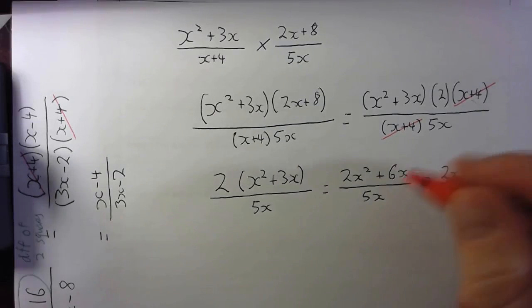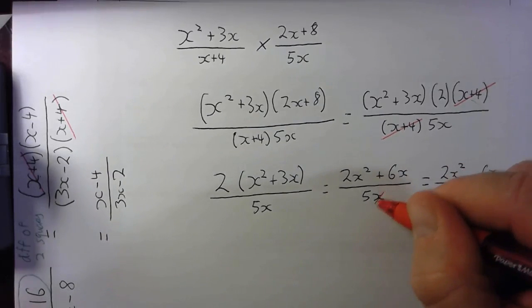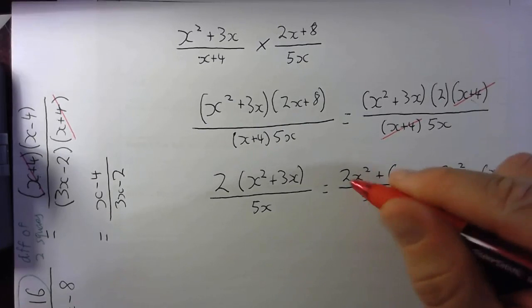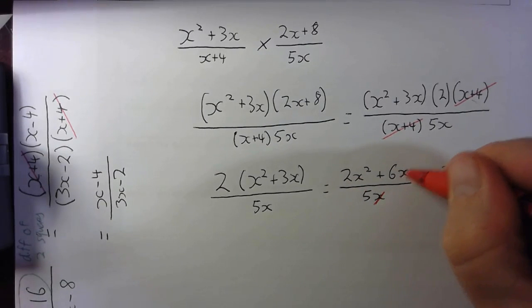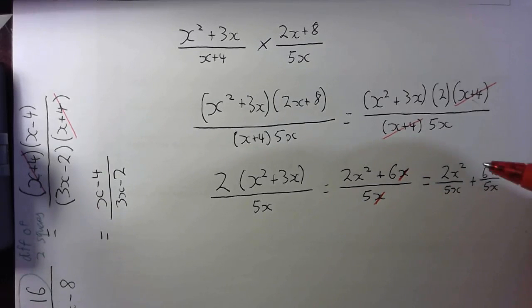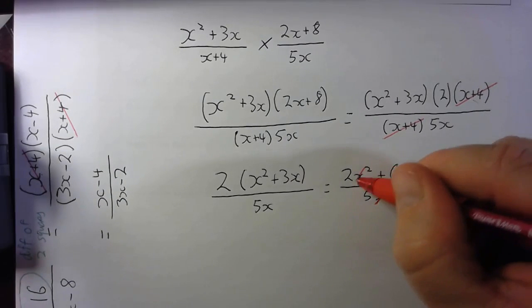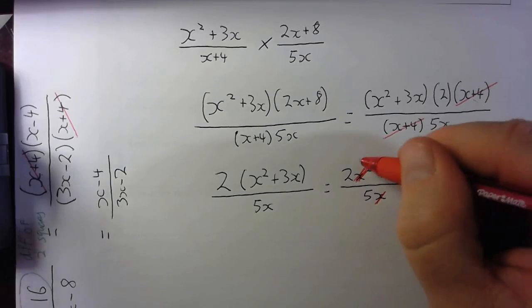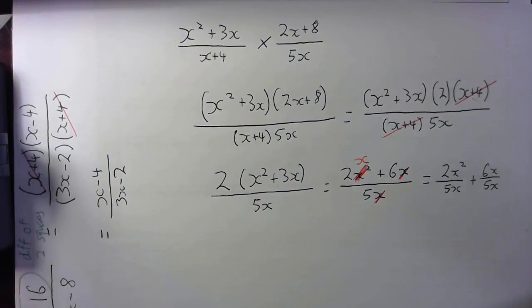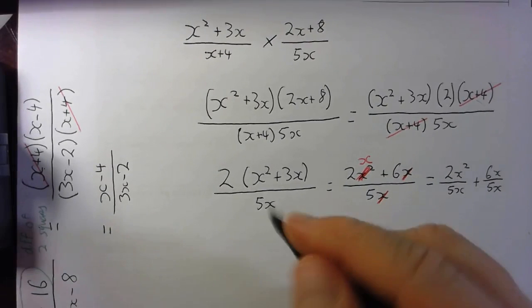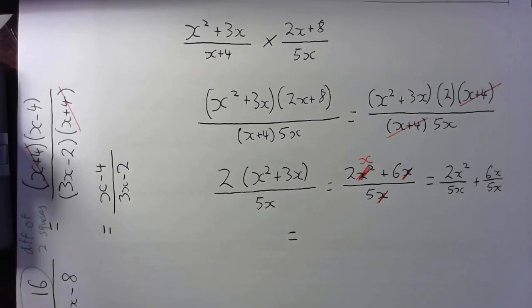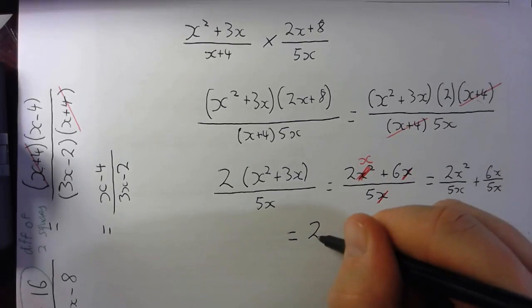I can cancel, because this is being divided by x as a factor, but I need to divide both of the top terms by x. So I'm going to divide that by x, I'm going to divide this by x, but x squared divided by x still leaves me with x to the power of 1.